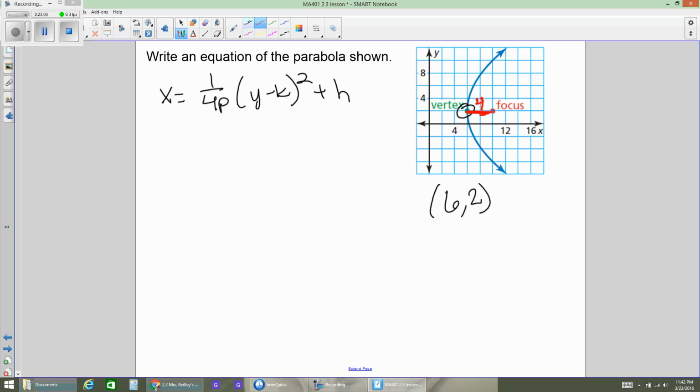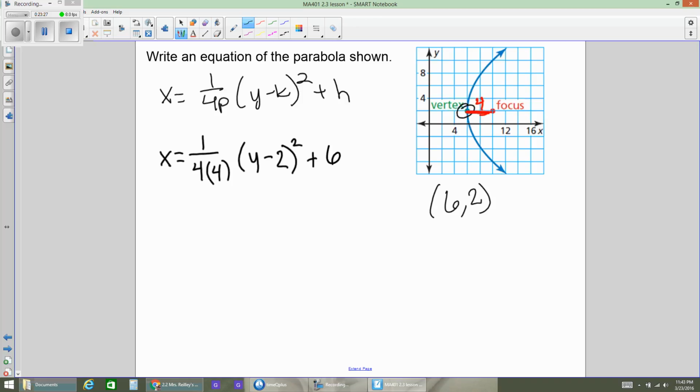Okay, so now we're going to plug in what we know. X equals 1/4. What was the p-value? We counted, it was 4 units. Y minus, what's the k-value? It's 2. Quantity squared plus, and what's the h value?